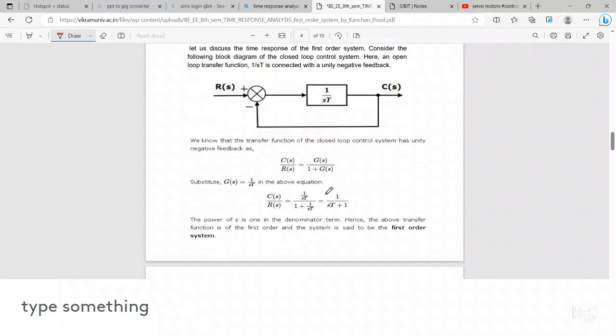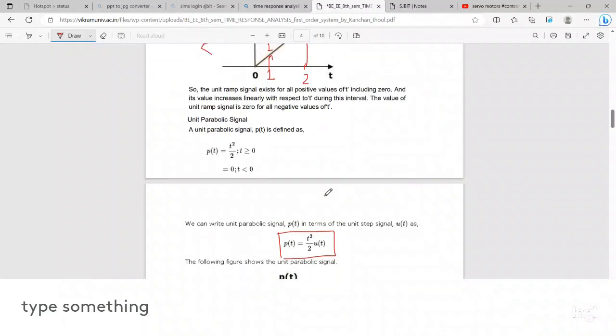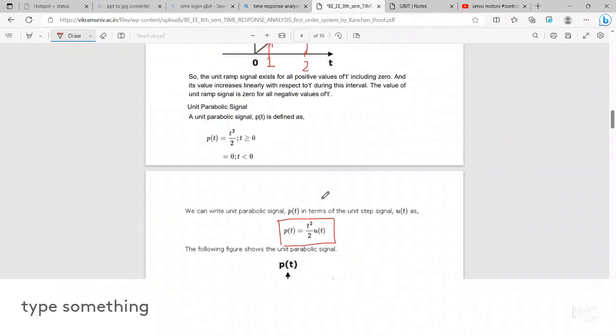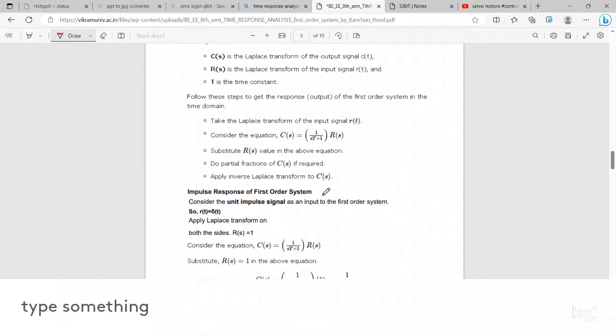This is how we take the test inputs for studying any of the control system parameters.